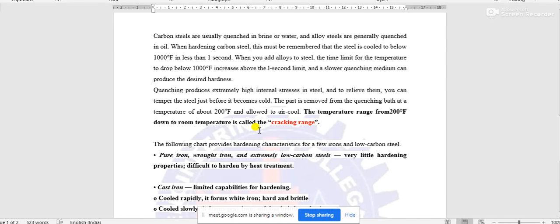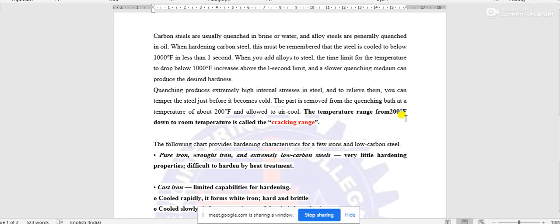And the quenching procedure is done by removing the quenched steel from the quenching bath at a temperature of 200 degrees Fahrenheit, and after removing it from the quenching bath, it is allowed to air cool.